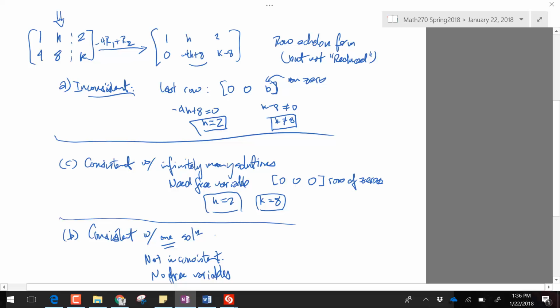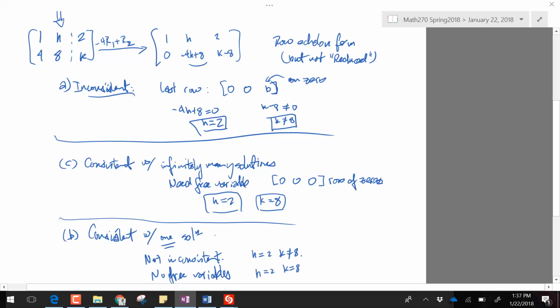So not inconsistent means we can't have h equal 2 and at the same time k not equal to 8. So h equal 2, k not equal to 8. And we also can't have this scenario where h is equal to 2 or k is equal to 8.